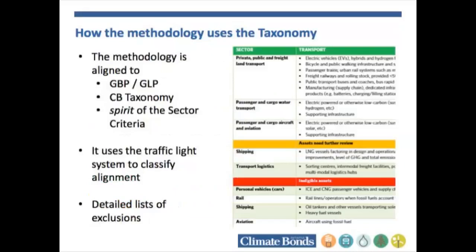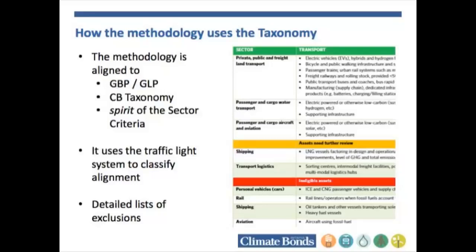In essence, we use the same traffic light system that Katie was talking about. So if you look at the methodology, the first part of it describes the process which I just summarized. And in the annex, there is a table of sectors that are put in green, yellow, and red sections.